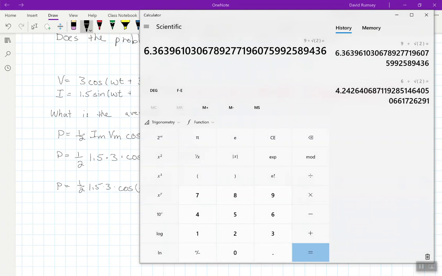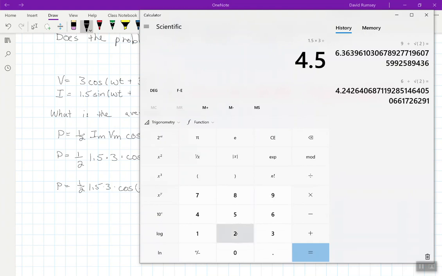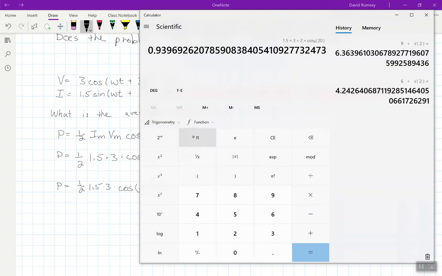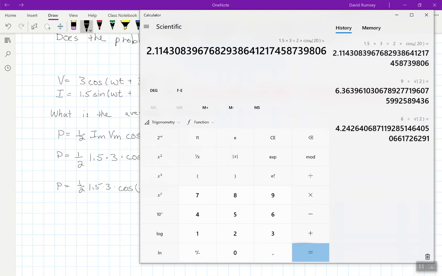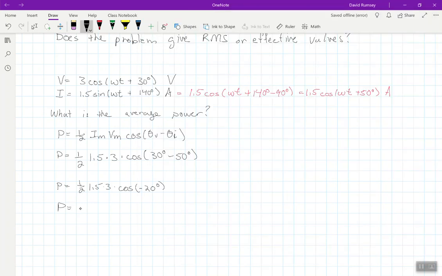And let's go ahead and do that computation. 1.5 times 3 divided by 2 times cosine of 20. And so we get 2.11. And the units for average power are still watts. So we get 2.11 watts for this situation.